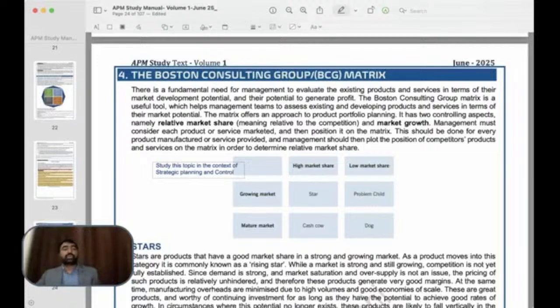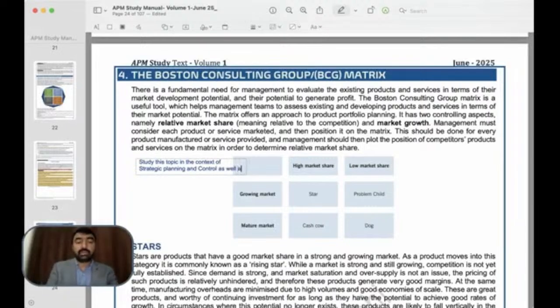Okay, so what type of controls we need to introduce, and also, yes, as well as management style. Keep in mind, this is also one of the topics in the APM paper, management style.